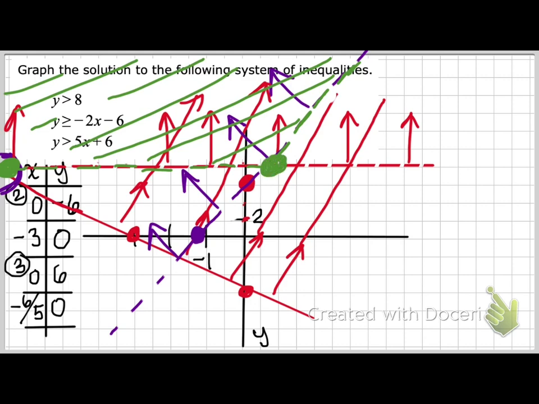I'm just going to do a little cross hatch here so it's a little bit more clear. And that's where the solution is. And then it just continues infinitely upwards. There's no upper limit. But at the bottom, we have those barriers.